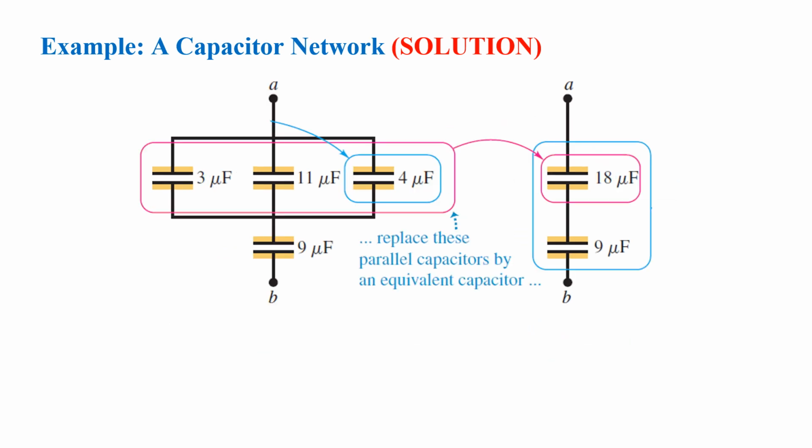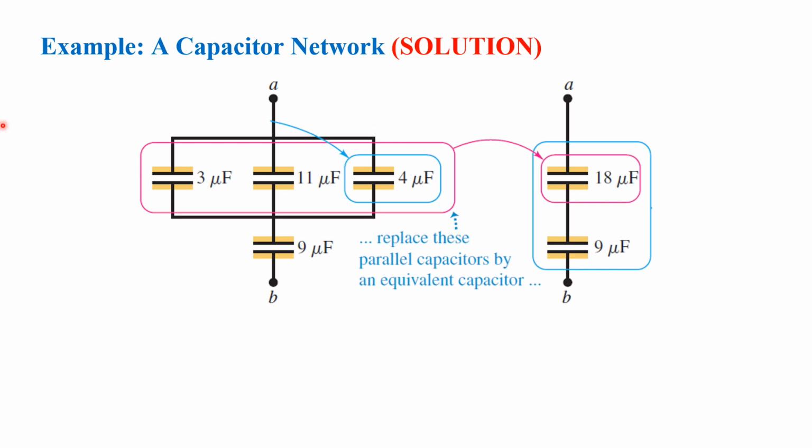Next we have this one here, which we used to replace the two capacitors earlier. We now take this network and simplify it. The next easiest network to combine is these three here, which are in parallel.